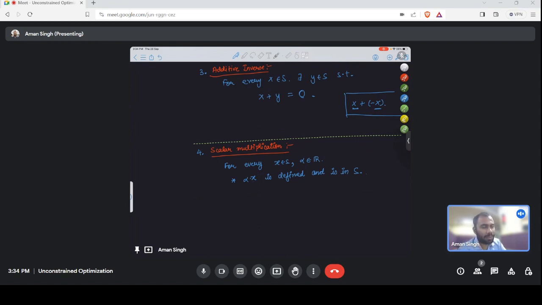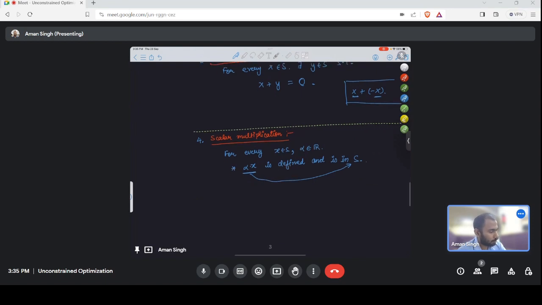In the general case, you just increase its magnitude by alpha times. It should be defined, and then this alpha x should also belong to S. Okay, so this is what they should follow.